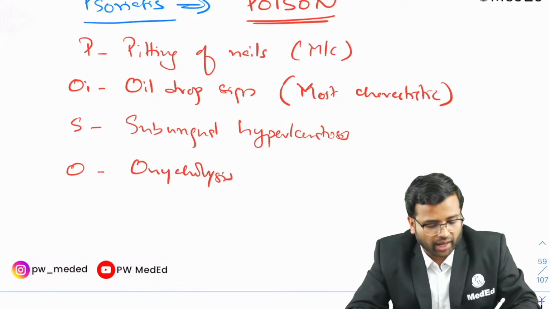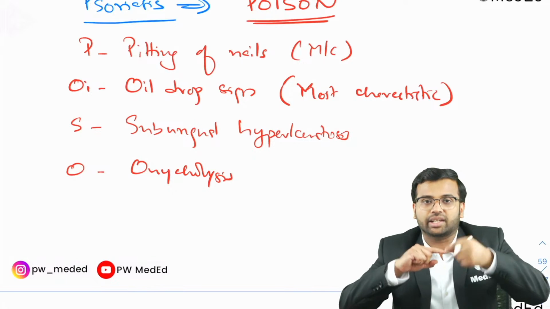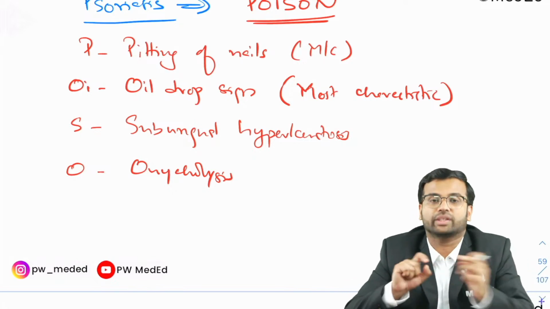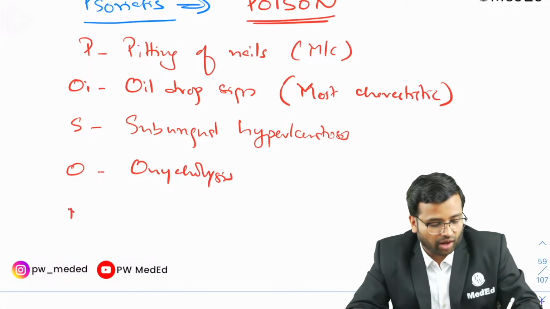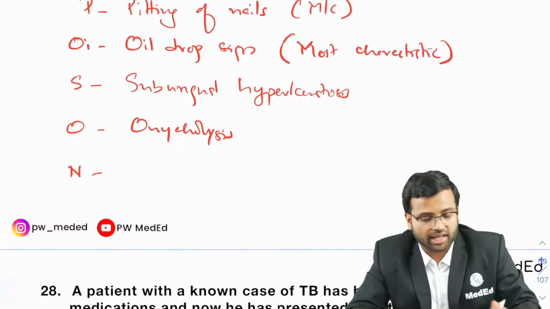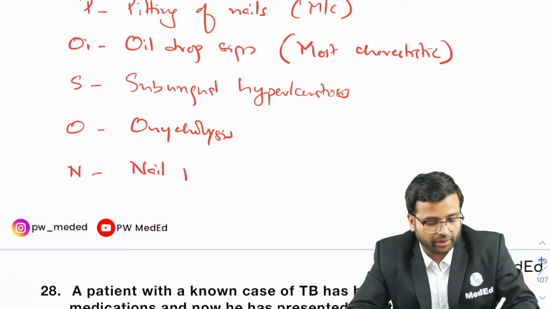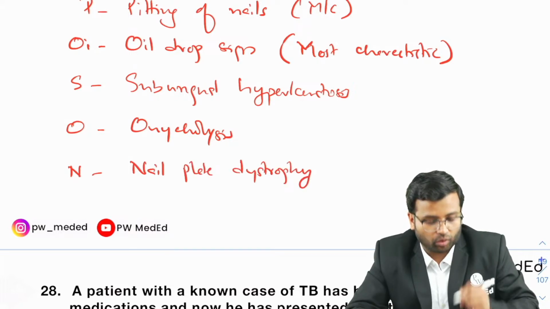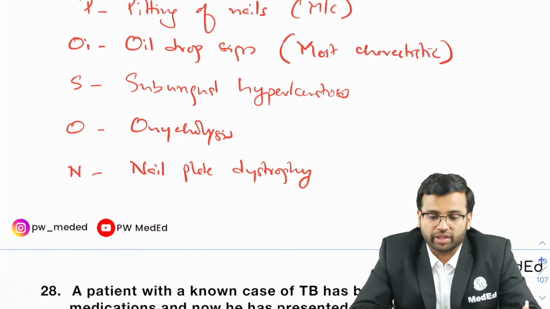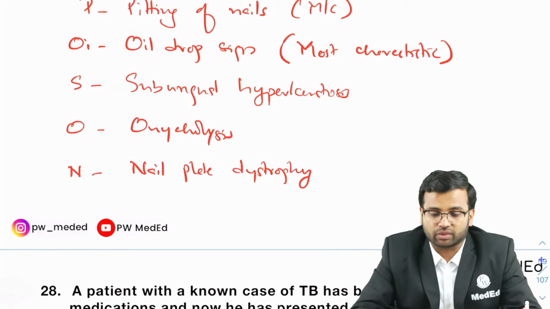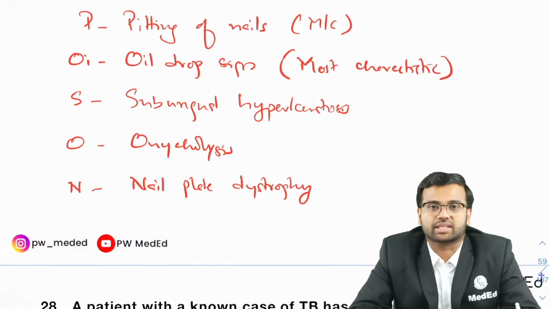So onycholysis means the nail is getting detached from the nail bed, especially over the extremities. And finally N. N stands for nail plate dystrophy. So the entire morphology of the nails may be lost, and this is called nail plate dystrophy.